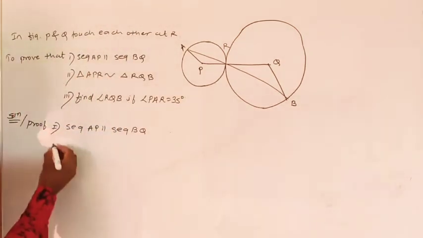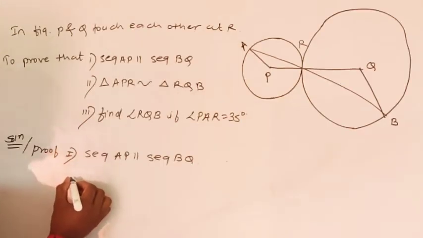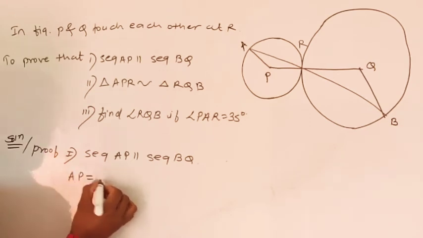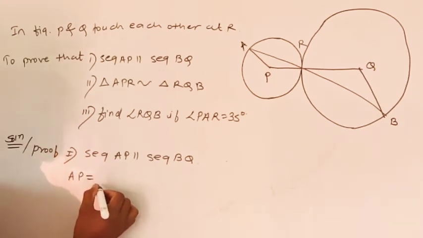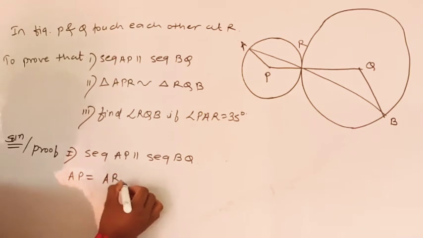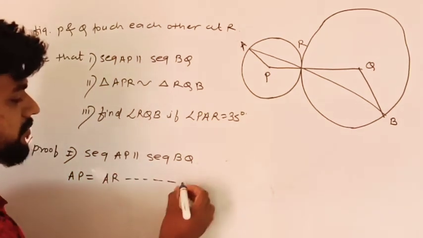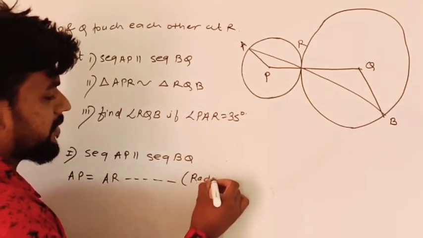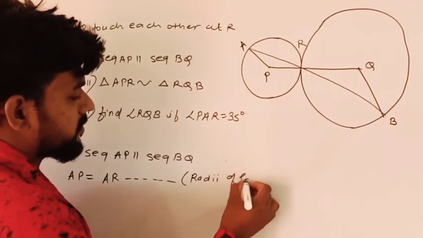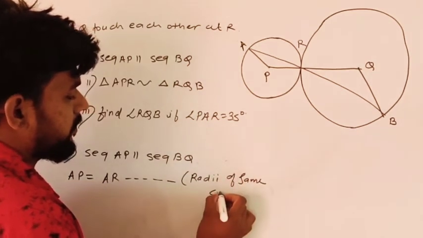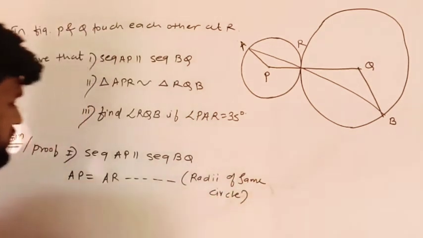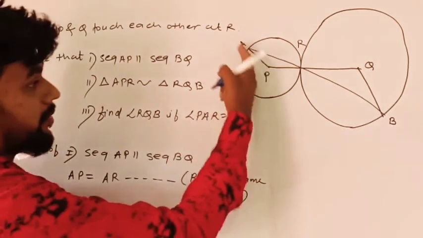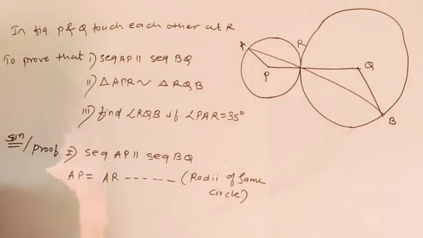So, being radii of the same circle, AP is equal to PR.